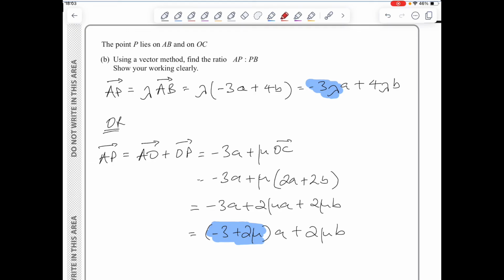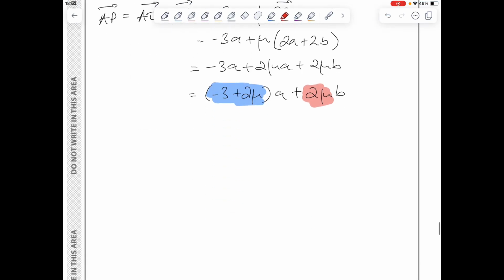Similarly, the first expression has 4 lambda b's, in the second expression, 2 mu b's. So the two blue numbers must be the same and the two red numbers must be the same. Let's write down those equations.